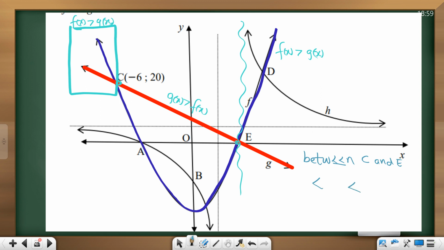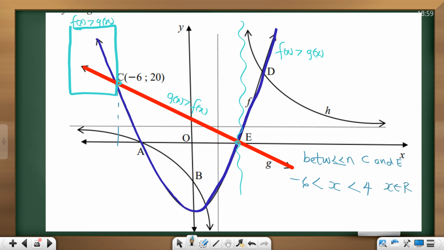Less than. The examiner wants x for which values of x? So what is the x value there? -6. What is the x value at E? 4. X being an element of.